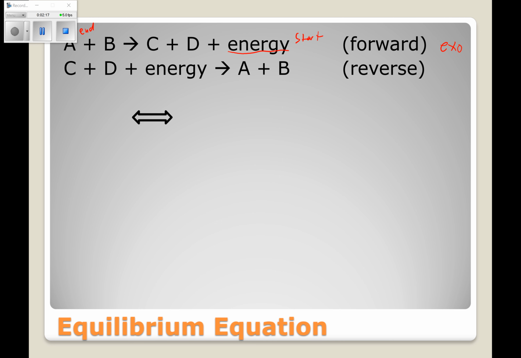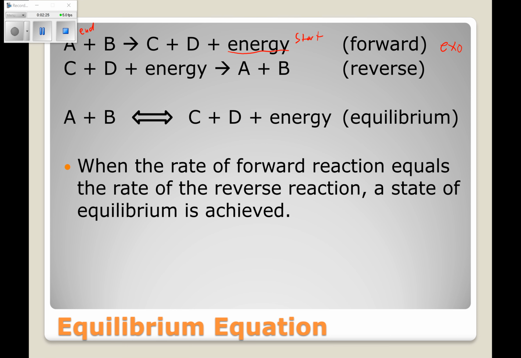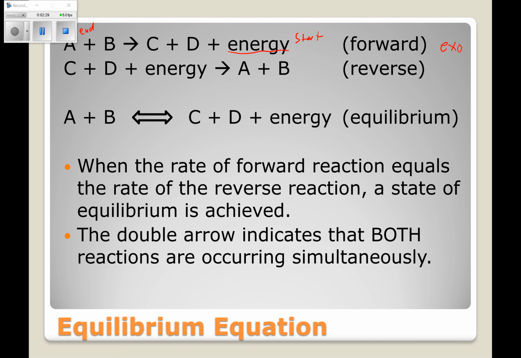Now an equilibrium reaction is going to look similar to the forward and the reverse, but we're going to see a main difference there. And that difference is this double arrow. I've had some questions on this throughout the year. And what that double arrow means is that this reaction can go forwards and backwards, and it can achieve equilibrium.